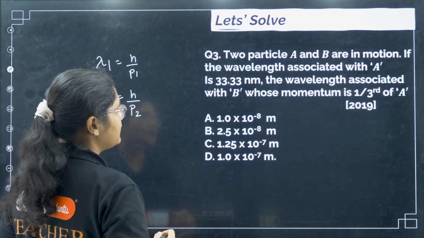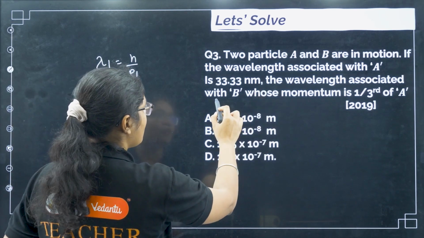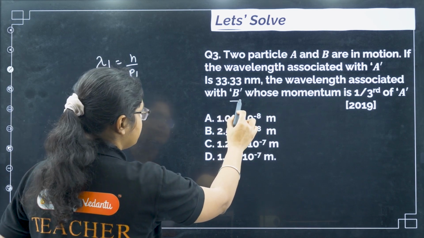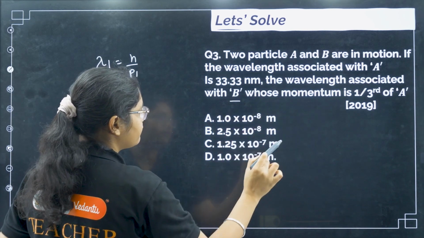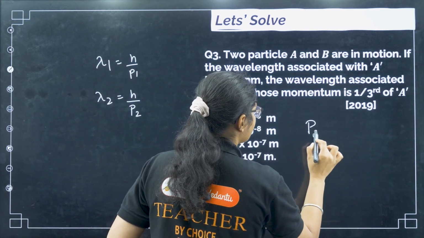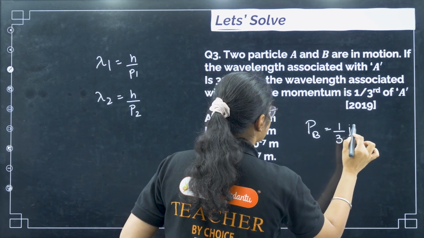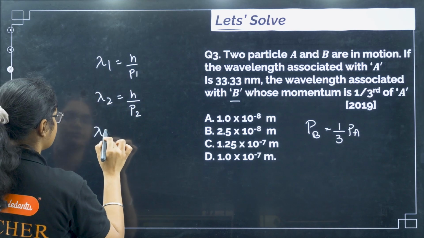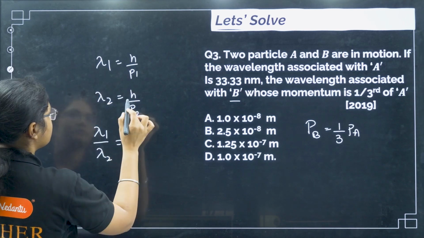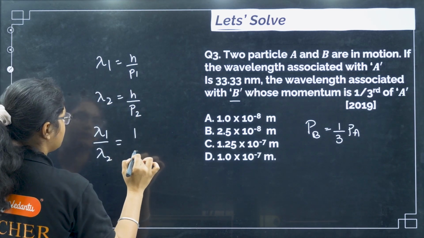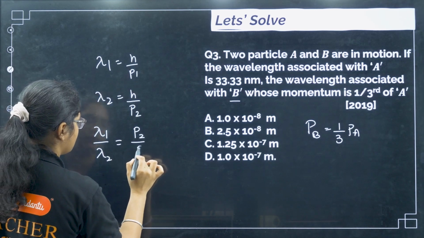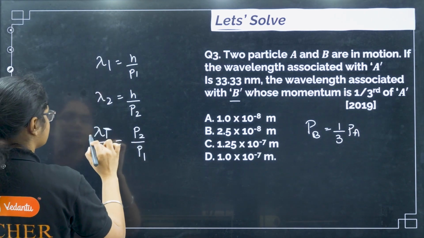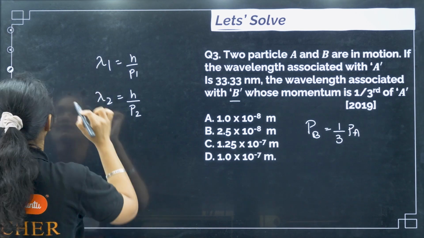The question is saying that the momentum of B is 1/3 of A, right? Let me take the ratio of lambda 1 by lambda 2. That will be equal to h by p1, so I get p2 by p1. I'll take it as a and b, which is more convenient here.